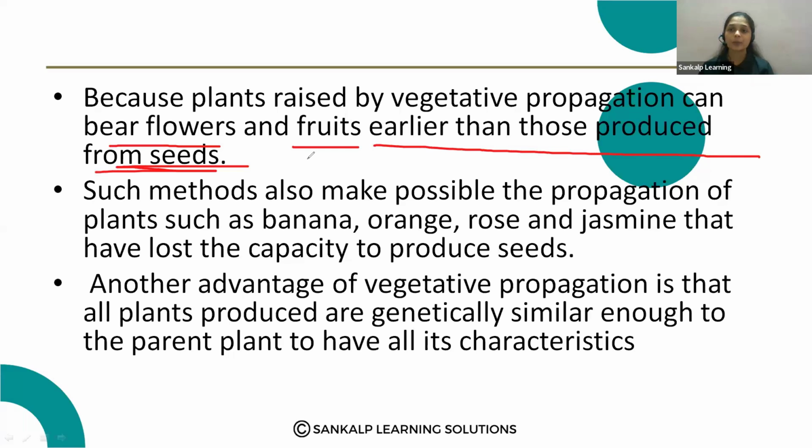The plants which are produced, developed from the root, stem, or leaves by vegetative propagation, will form flowers and fruits earlier than the plants grown from seeds produced by sexual reproduction. Some plants, like banana, rose and jasmine, have lost their capacity to produce seeds.